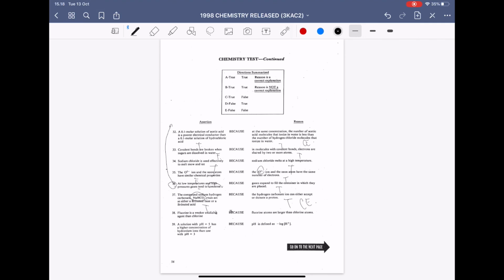Number 38, fluorine is a weaker oxidizing agent than chlorine. Now this we know definitely is false, because fluorine atoms are larger than chlorine. That's also false. Now in halogens, let's just look at alkali metals for reference.